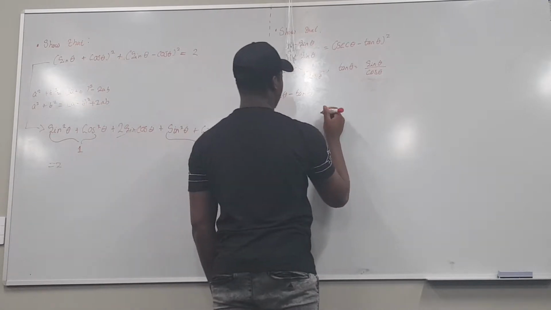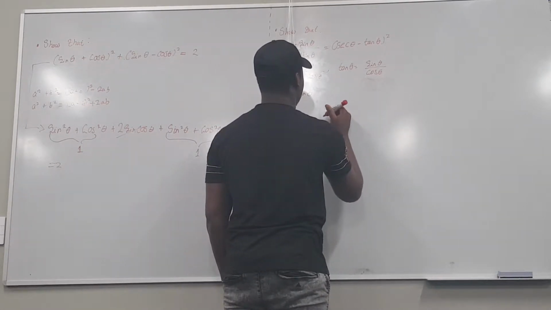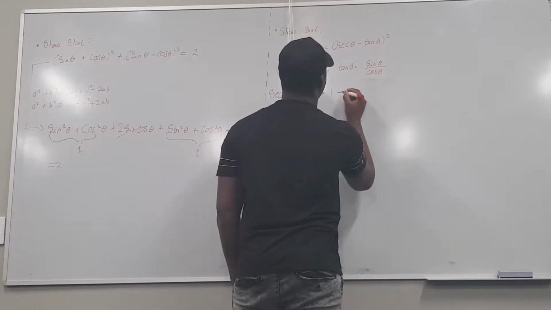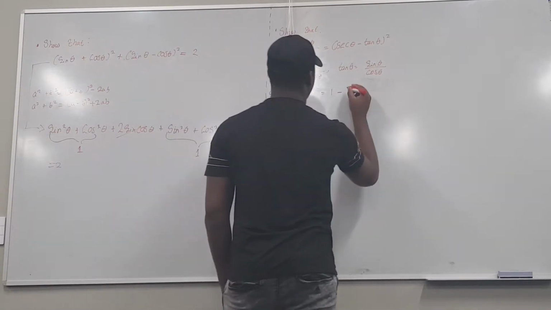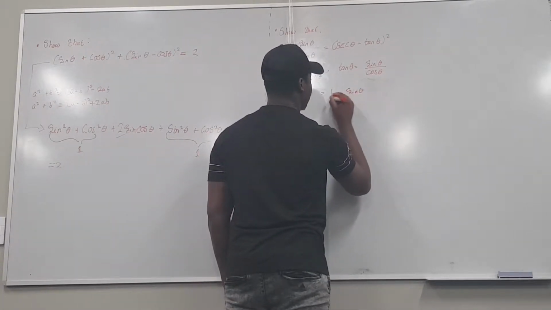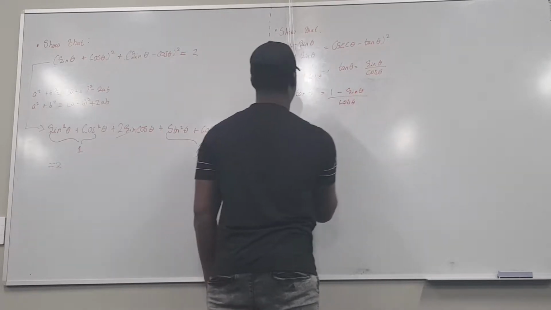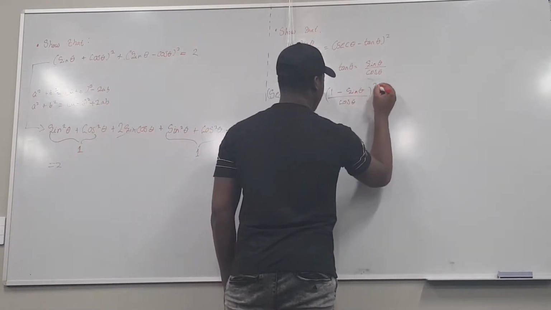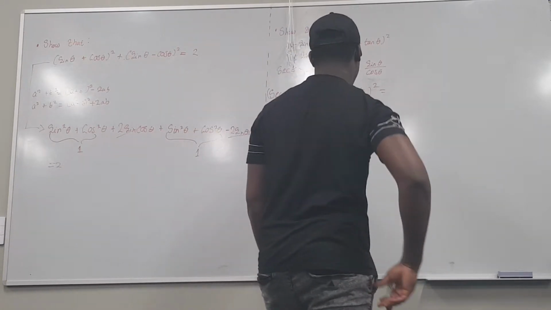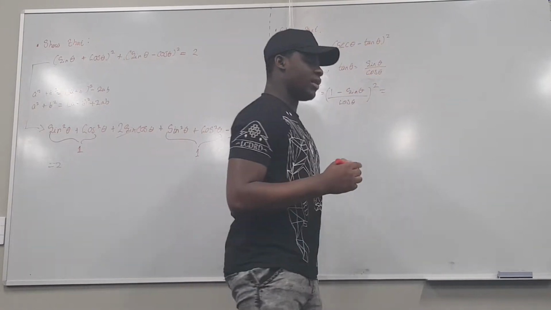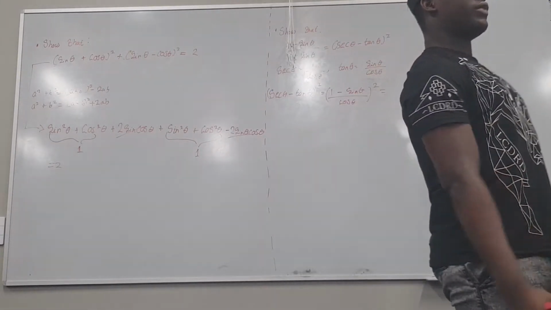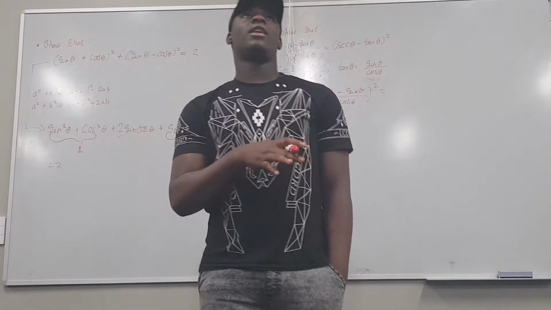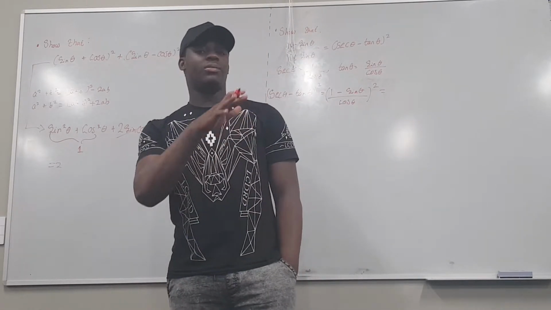We do the common LCM, that equals 1 minus sine theta divided by cosine theta. If you square them, you square the numerator first. I want to write the trigonometric functions first in order of descending powers.